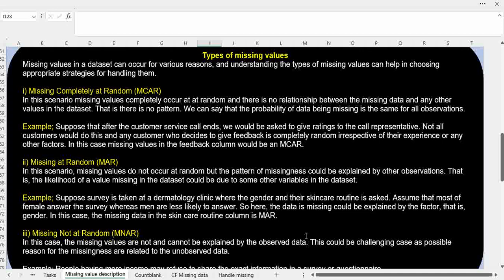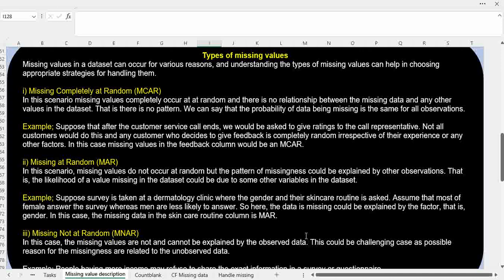When there is no relationship between your response and you taking the survey, we say the data is missing completely at random. In that case, there is no relationship between the missing data and any other observation.